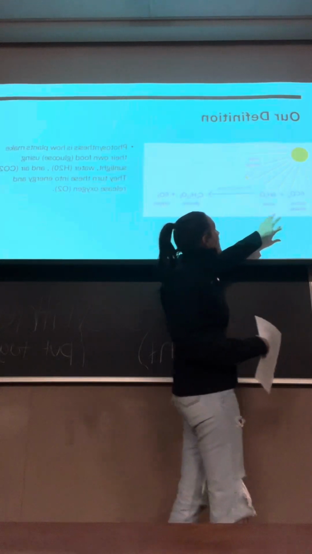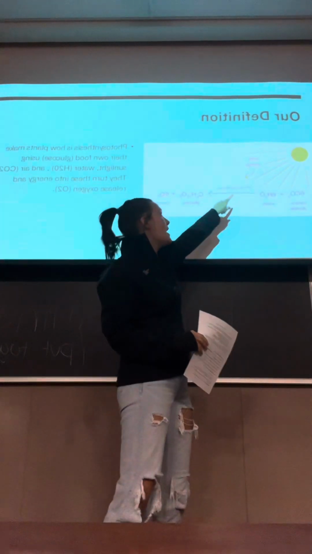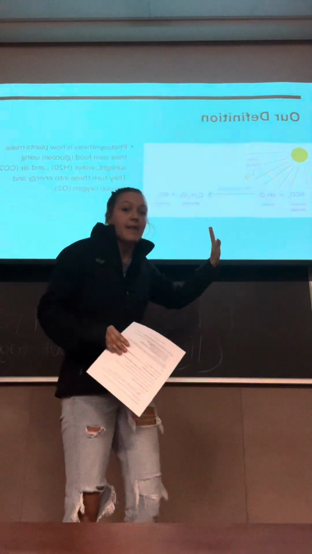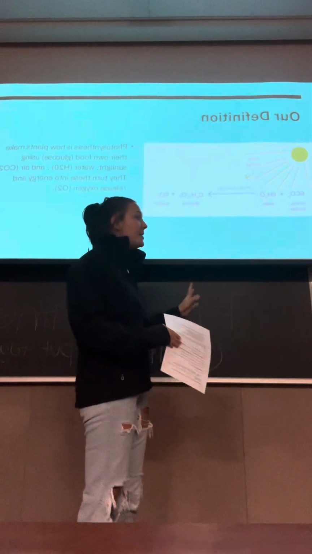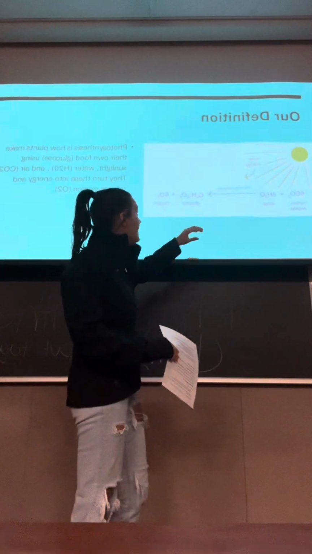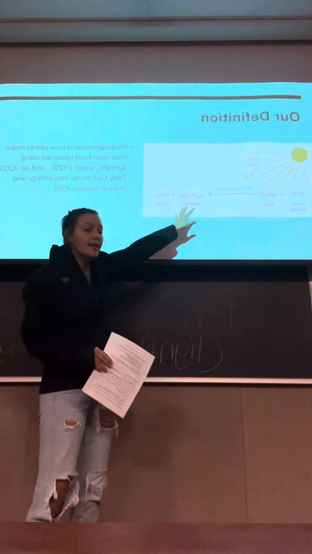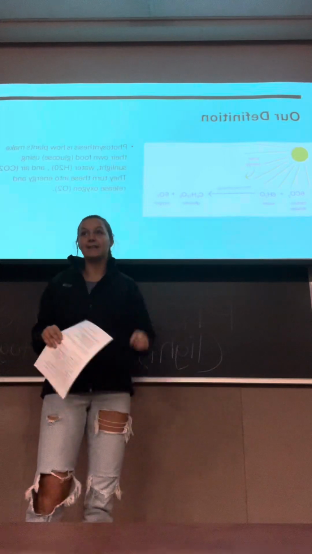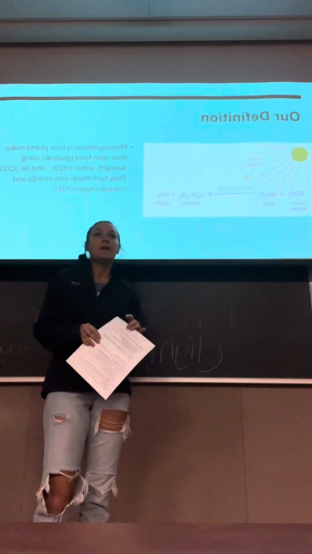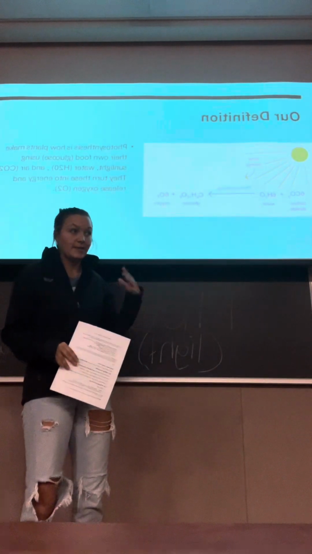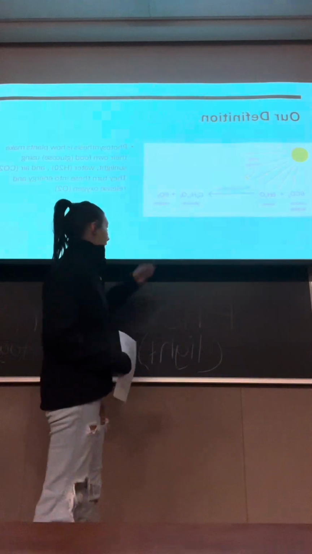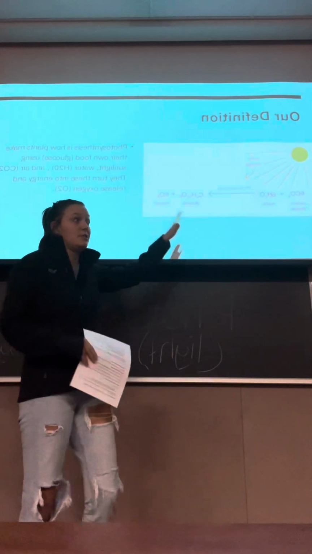Carbon dioxide, water, and solar energy have to go into the plant. Then photosynthesis happens in the plant, and coming out of the plant is sugar. It doesn't actually excrete. You can't see sugar crystals, but it makes sugar for the plant to survive and grow, and it makes oxygen. Oxygen is what it expels.